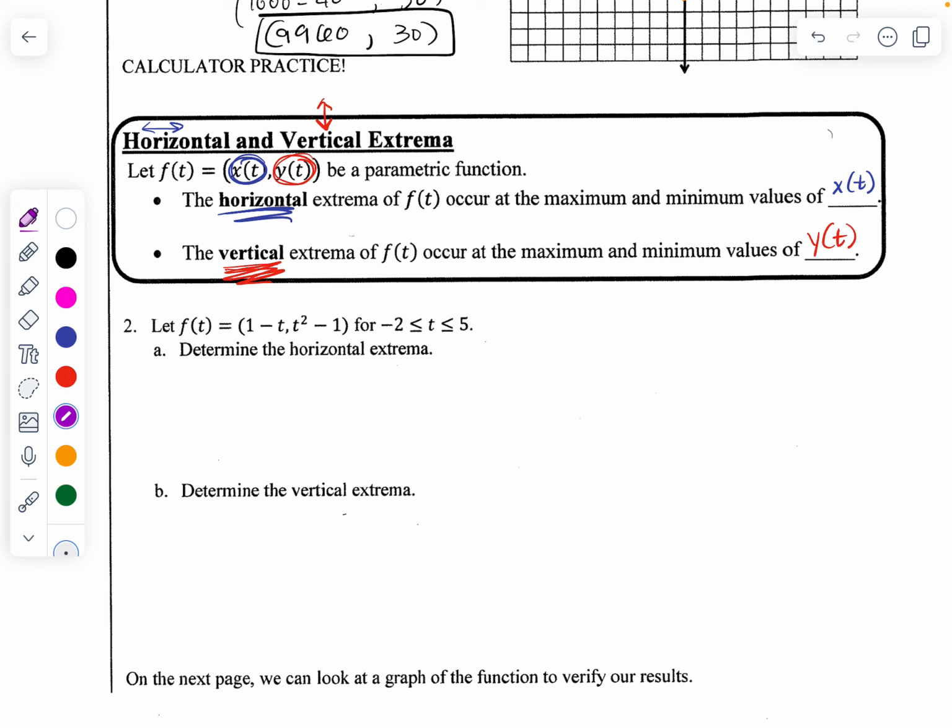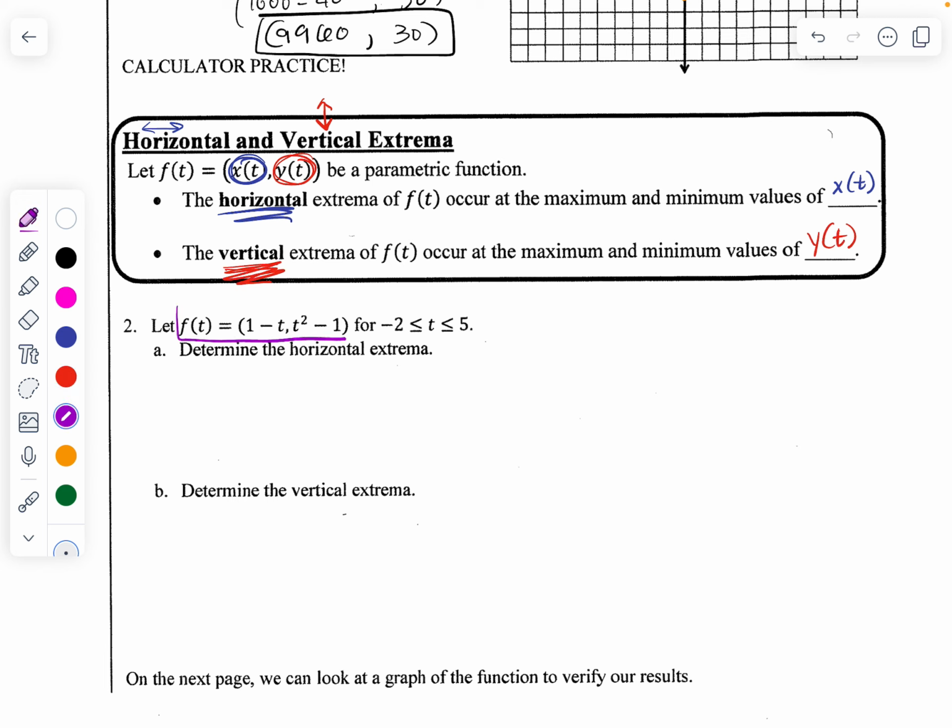So let's practice this. For f of t given here with this restriction, we're going to determine the horizontal extrema. So remember, we're going to be looking at x of t. Can you kind of see what's happening here? If I know how it moves left and right, but I want to know which one's the biggest and which one's the smallest, I know x of t is 1 minus t.